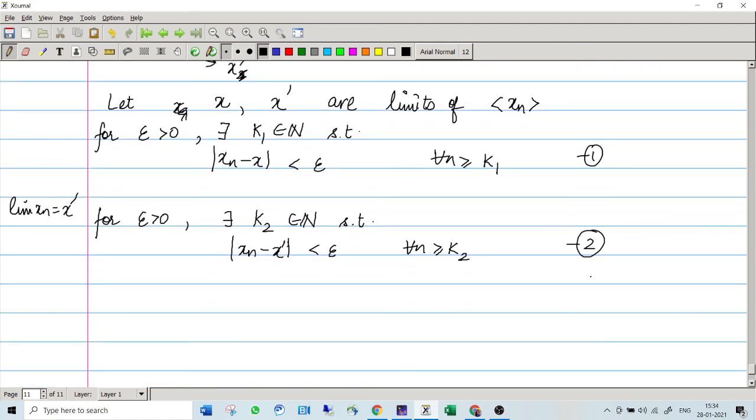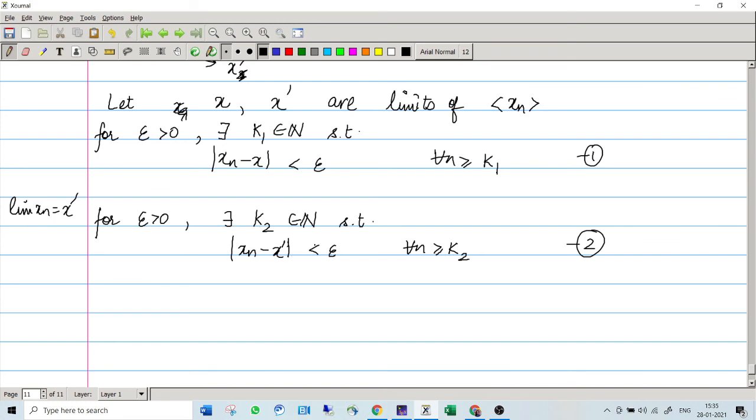What do we have? We assumed कि x और x dash दोनों ही लिमिट्स हैं xn की। अब अगर limit of xn is x, मतलब for every epsilon we can find a natural number such that the distance between them is less than epsilon, and अगर limit is x dash, again for epsilon greater than 0 we can find another natural number so the distance is less than epsilon, right?